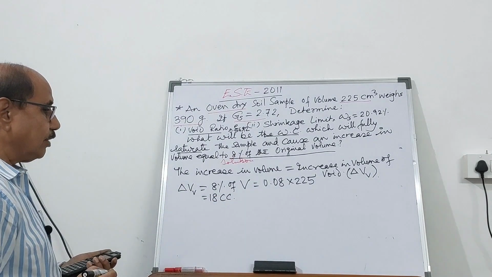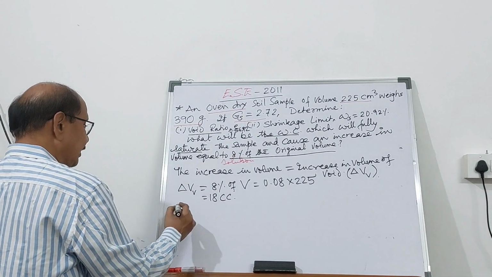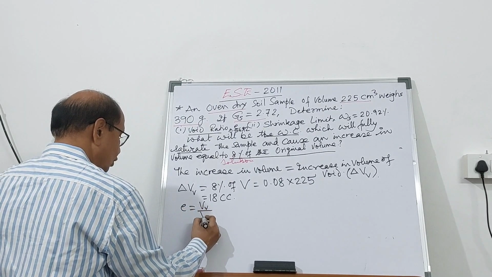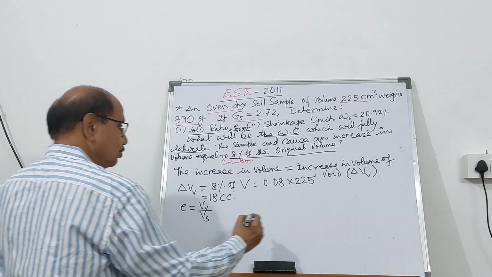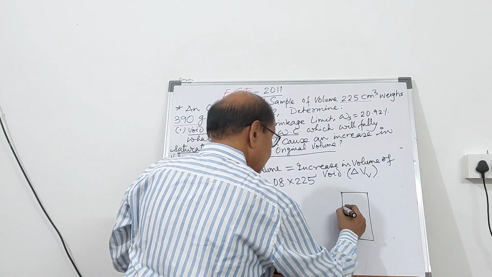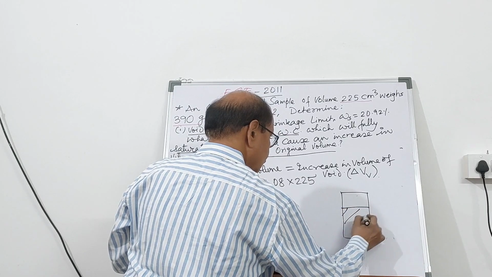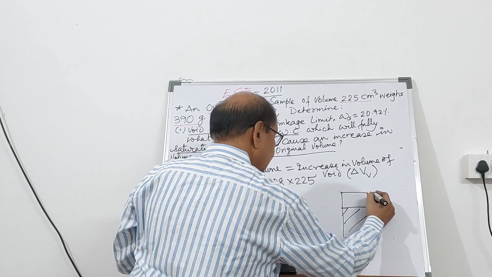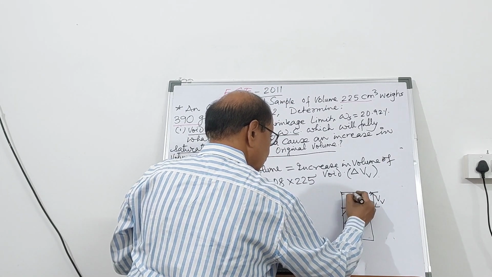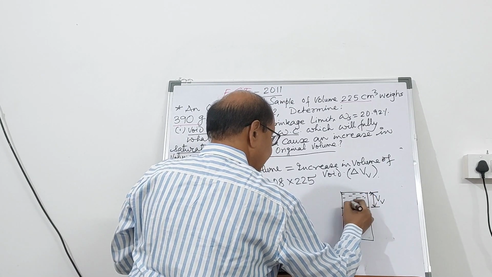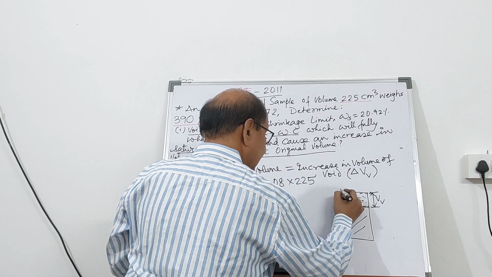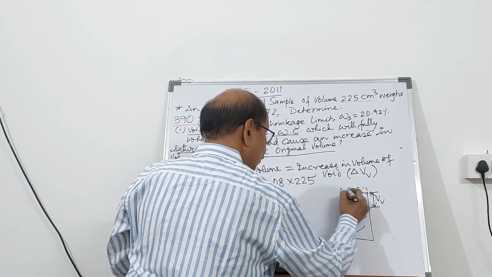This is the value. Now, the void ratio e is the volume of void upon volume of soil solids. You take any sample here. So this is the volume of void. Any increase in volume for fully saturated soil is the increase in the volume of the void.